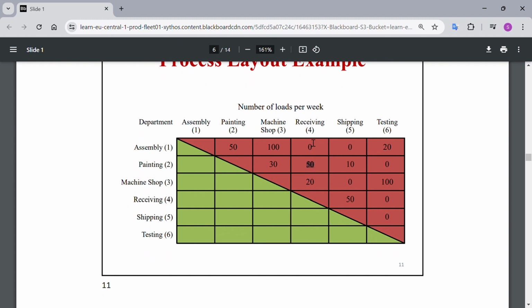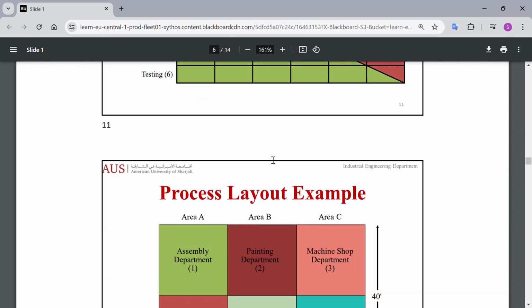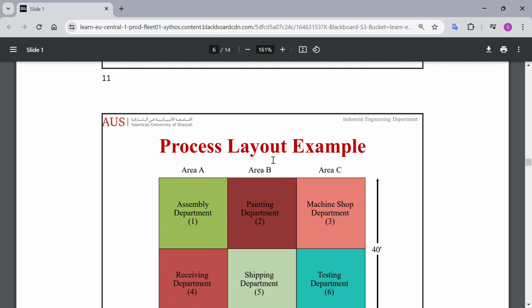The number of loads for painting and receiving is 50 for transportation. For assembly and machine shop, there's a load of 100. For machine shop and testing, a load of 100, etc. And so there is the process layout example.